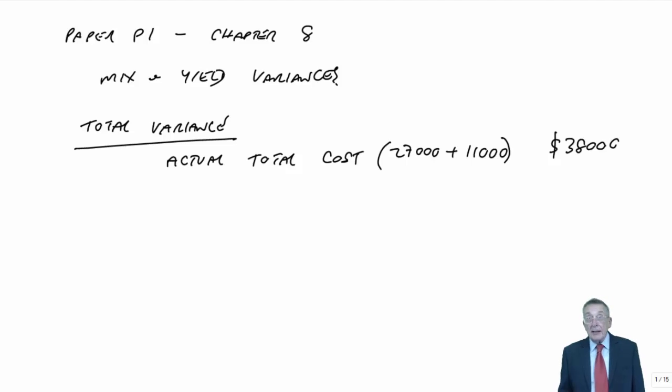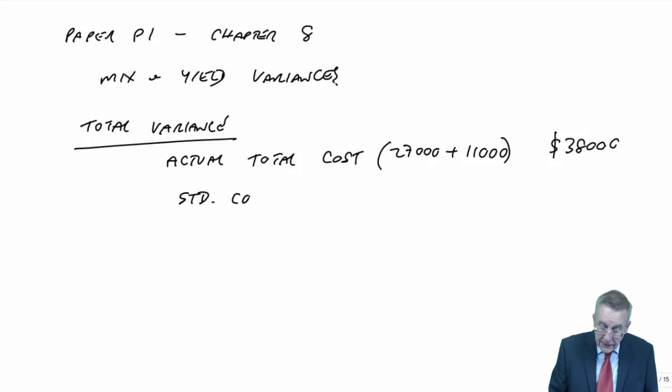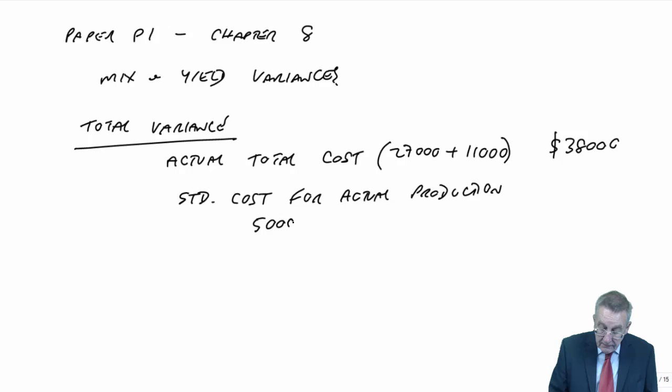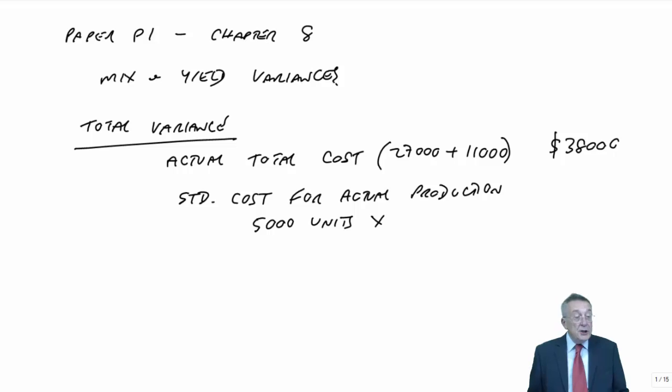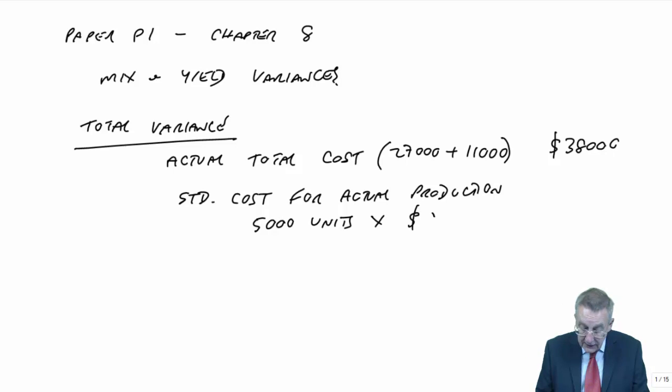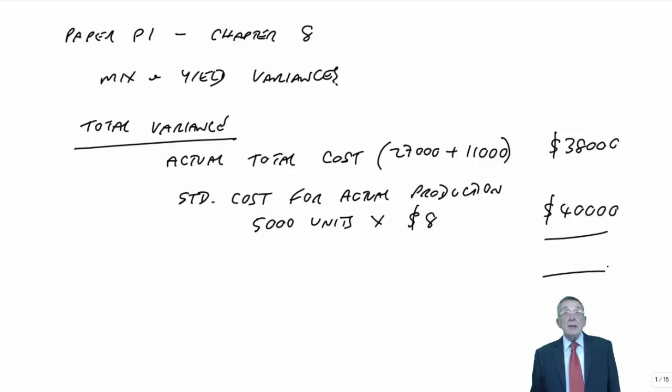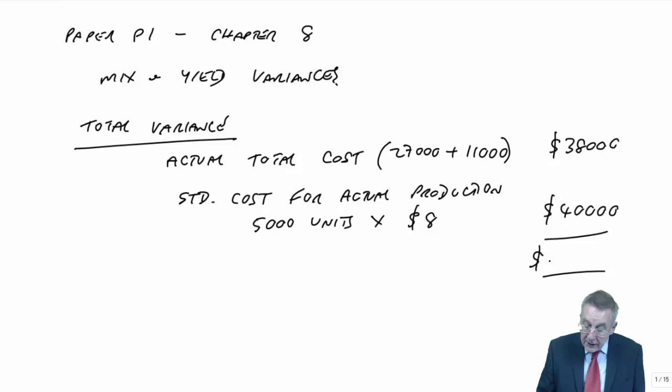However, if everything had gone perfectly, how much should we have spent? The standard cost for the actual production: we actually produced 5,000 units. From the cost card, each unit in total should have cost $8, and therefore we expected to spend 40,000. And therefore, overall, we've saved 2,000. It's 2,000 favourable.